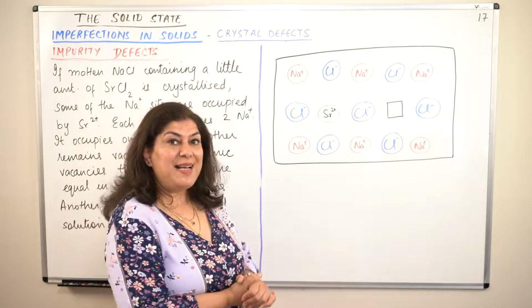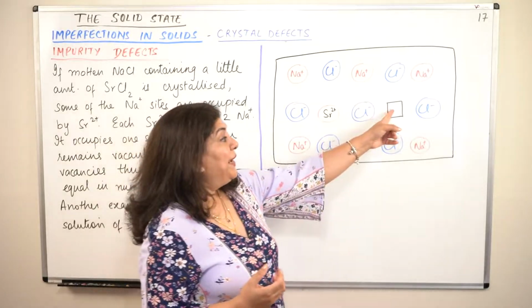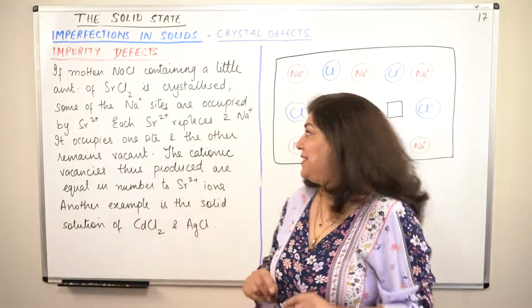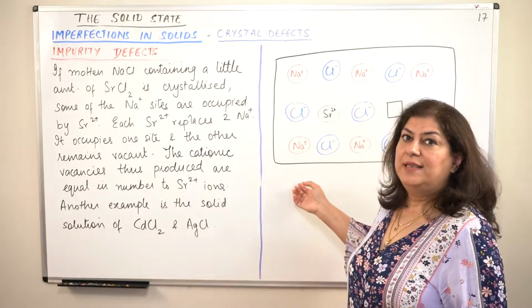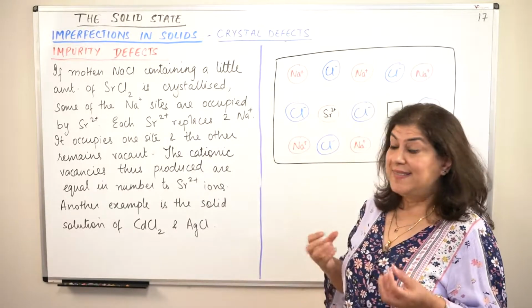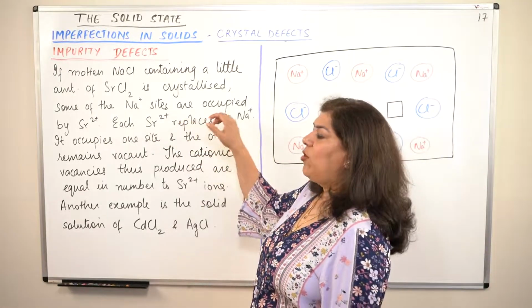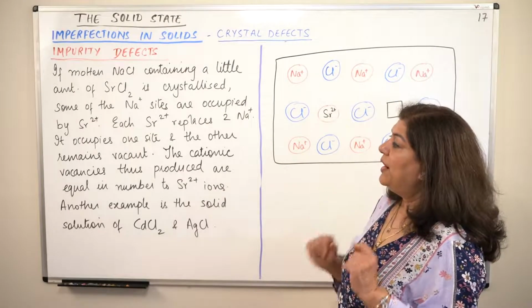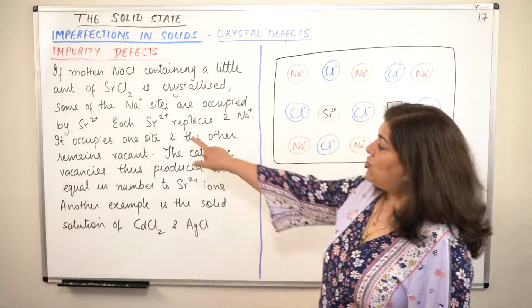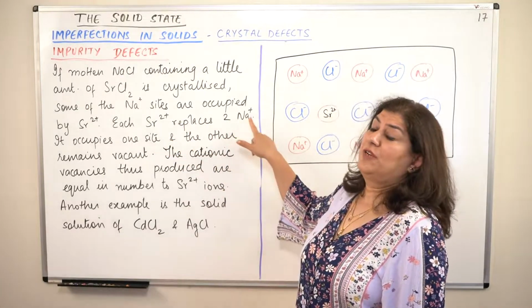But what happens as a result of this? The impurity is present, and vacant sites are created. Let me just read this. If molten sodium chloride containing a little amount of strontium chloride is crystallized, some of the Na positive sites are occupied by Sr2 positive ions, strontium ions. Each strontium ion replaces 2 Na positive ions.